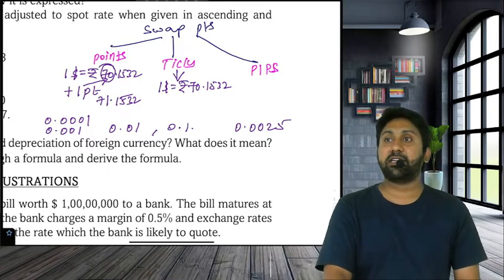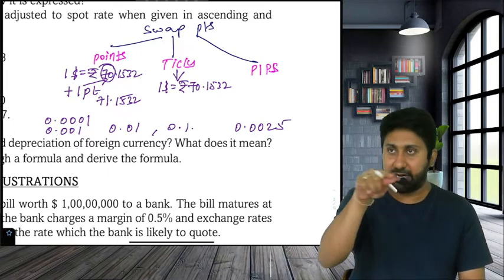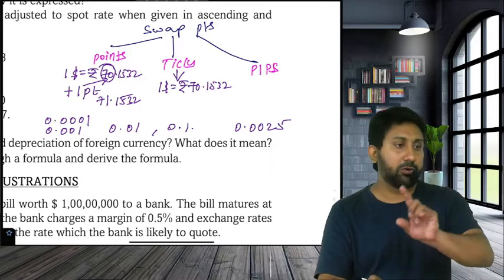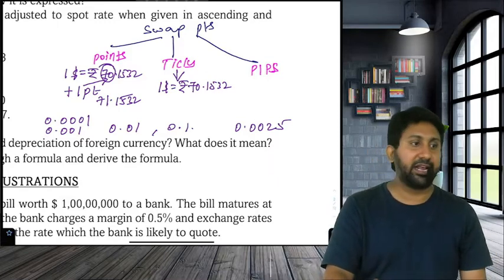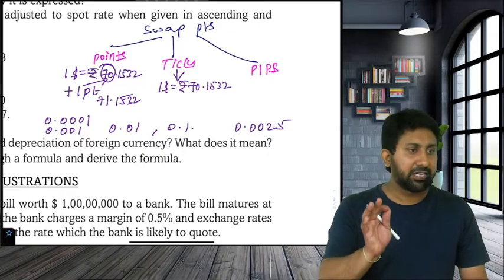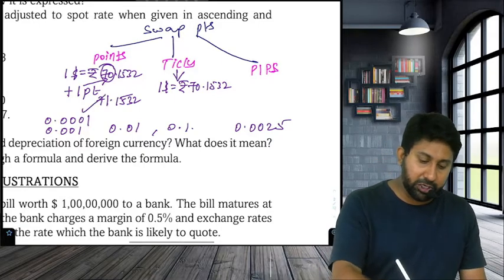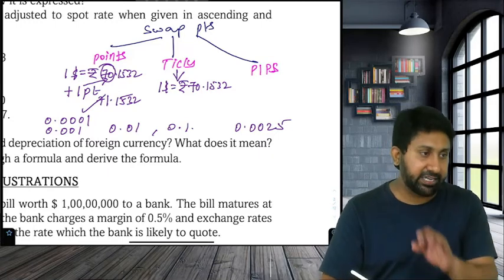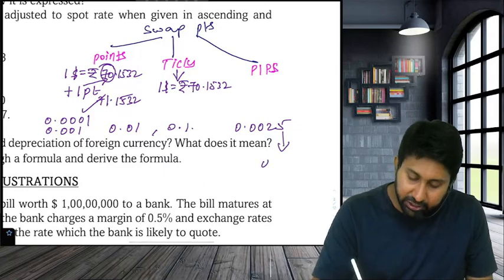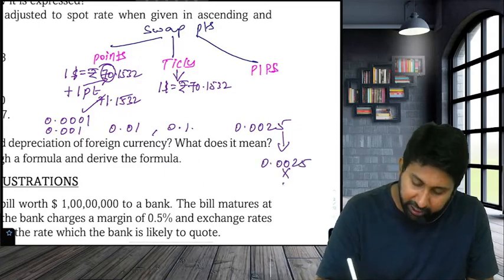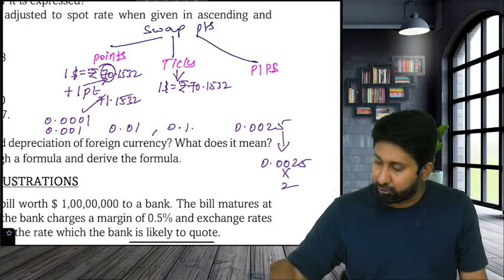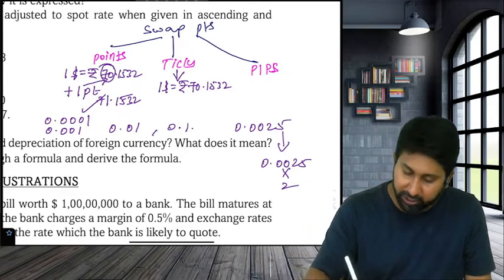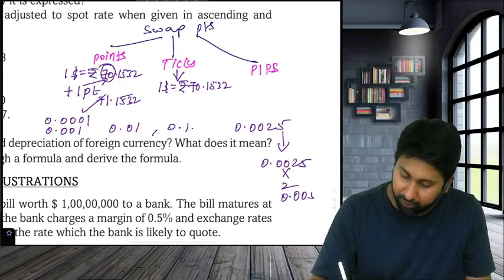Ticks are always denominated in lot size type. 1 tick equal to 0.0001, like that they will tell. In most problems ticks will come. For example, if I tell there is a change of 2 ticks, what do you mean by 2 ticks change in this case? 0.0025 into 2 means how much? 0.0050.